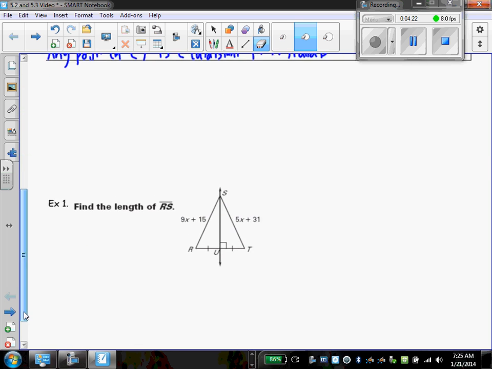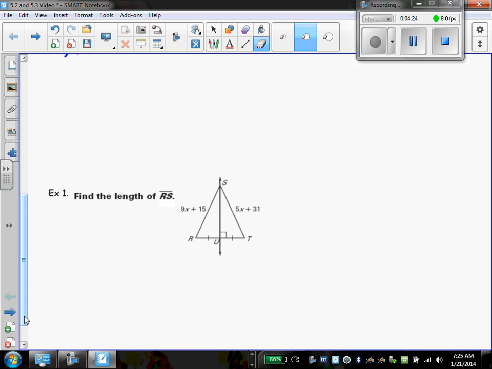So, as an example of how we would use that, we can see from this drawing that SU is a perpendicular bisector to segment RT, because we can see a 90-degree angle here, and also that this segment is congruent to this one. That means that SU is a perpendicular bisector to RT.